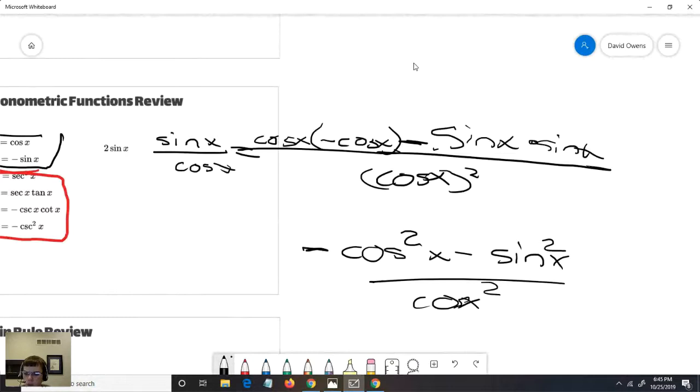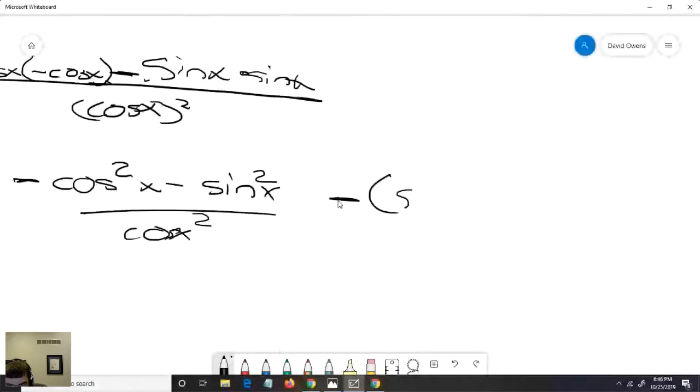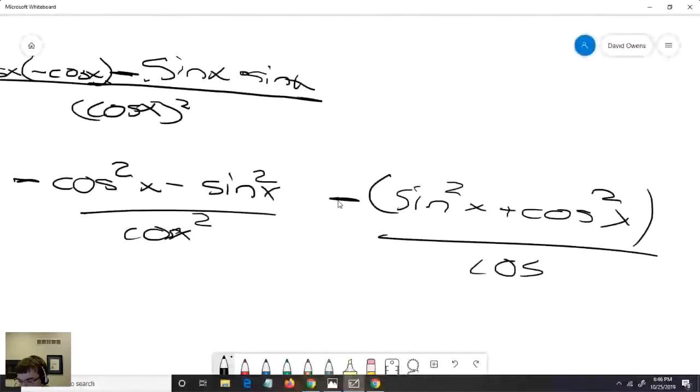This is where you need to use your knowledge of a little bit of trig. You might notice that this looks suspiciously familiar, and it might look even more familiar if we pull a negative out. We've got sine squared x plus cosine squared x over cosine x squared. If anybody in the chat knows what sine squared x plus cosine squared x is equal to, maybe from an algebra 2 or geometry class, what that identity is.